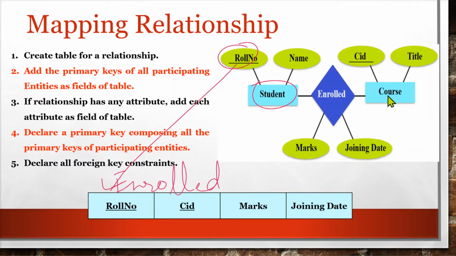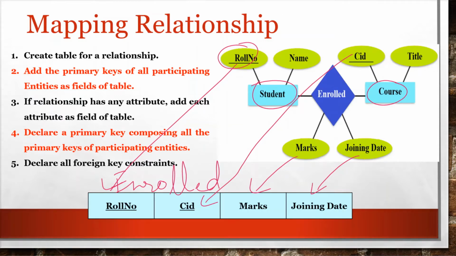Next, the second participating entity is course. So the primary key of the second participating entity also becomes one of the fields of the relationship table, and the fields of the relationship also form attributes of the table. So this is how we convert a given relationship to an equivalent table.